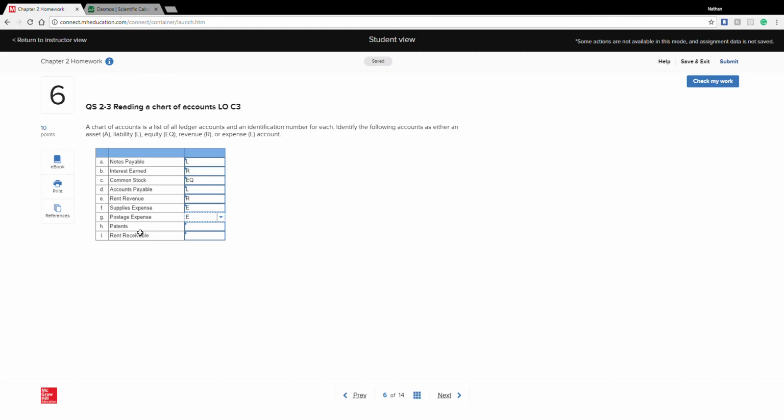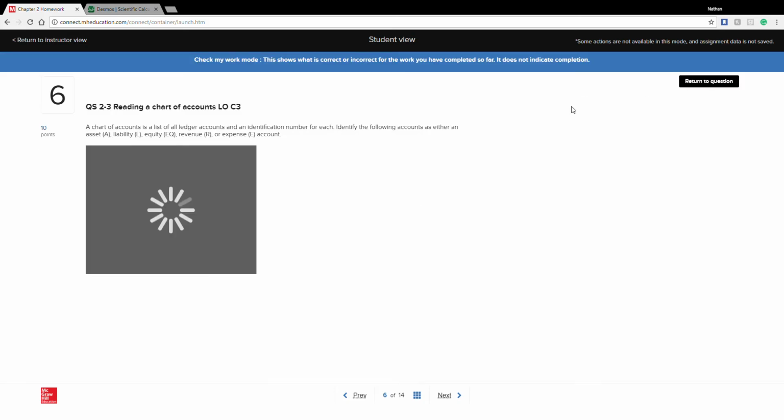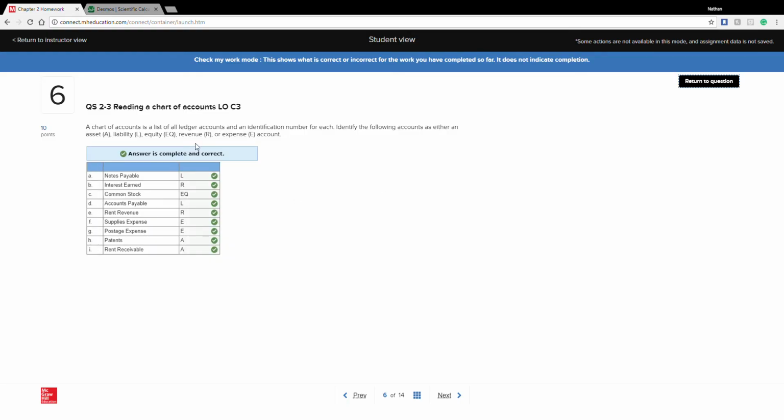This is an intangible asset, so it is still an asset. Patents, copyrights, trademarks, those are all going to be assets. And then the last one is a receivable. Anytime we see receivable, again, we take ownership of that. It is considered an asset also. Receivables are assets. So, check my work, boom, everything's good.